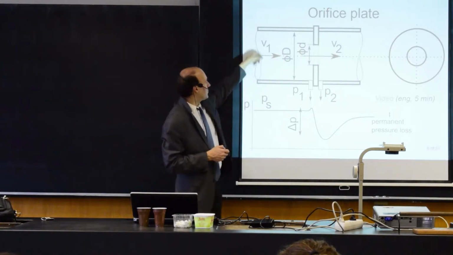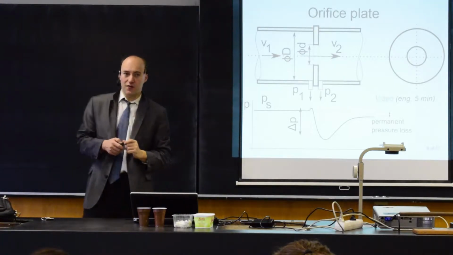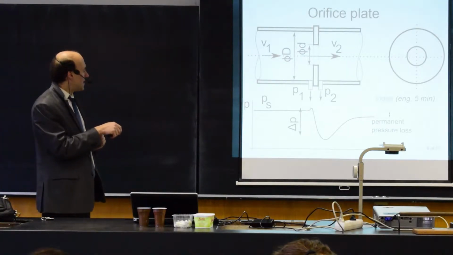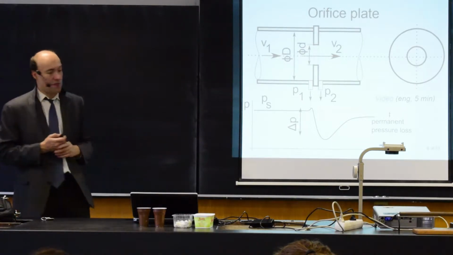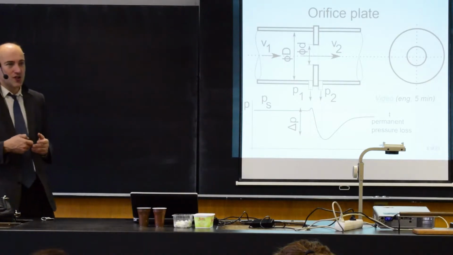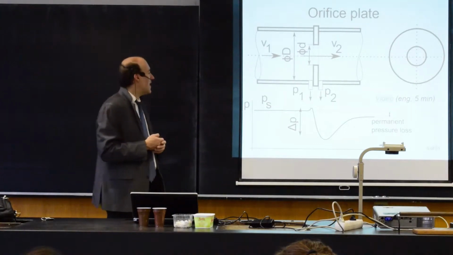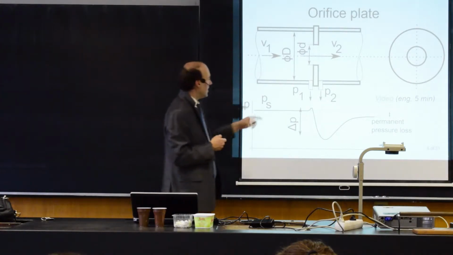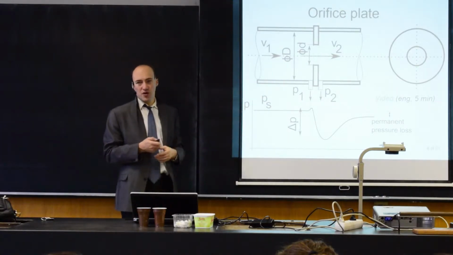Here you have some known cross-section and some known speed of the fluid. By making this hole with a defined diameter that is smaller than the pipe diameter, you force the fluid to go faster, and the faster speed will decrease the pressure.